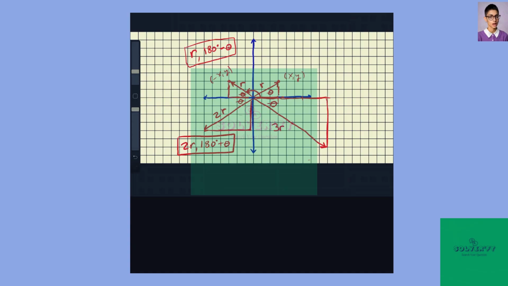That theta right there is the same angle that we've used. And so we can either look at this as 360 degrees minus that angle, or we can say that the polar coordinates are 3r and minus theta. Either that or 360 minus theta is acceptable.